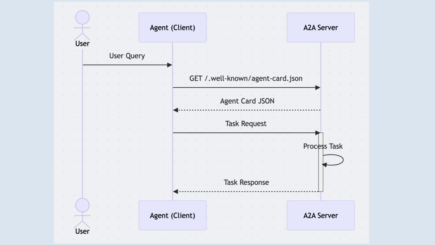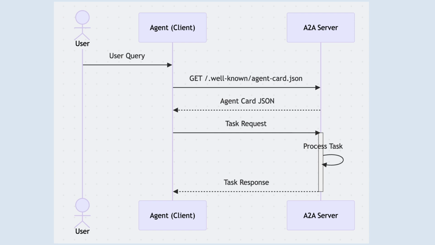It is going to make an agent card retrieval from the A2A server, or from a particular agent, and it will do that via this specific URI path, that is /.well-known/agent-card.json.